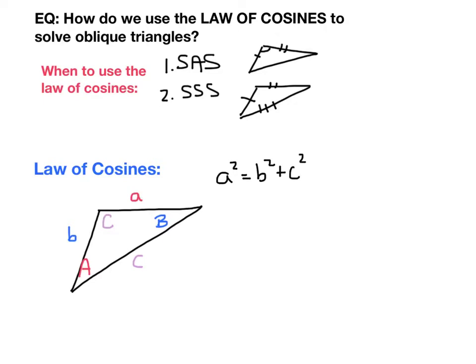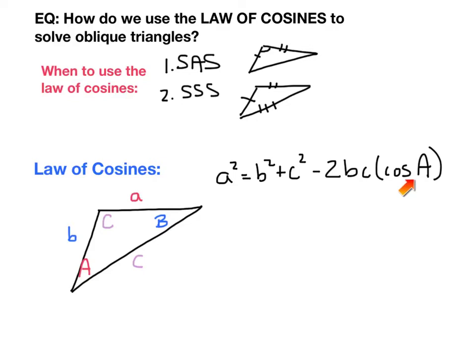And that looks a lot like the Pythagorean theorem, right? Minus 2 times those other two sides times the cosine of the angle. So if I have an a out here that's set equal, then that's the angle that I'm using. Okay?